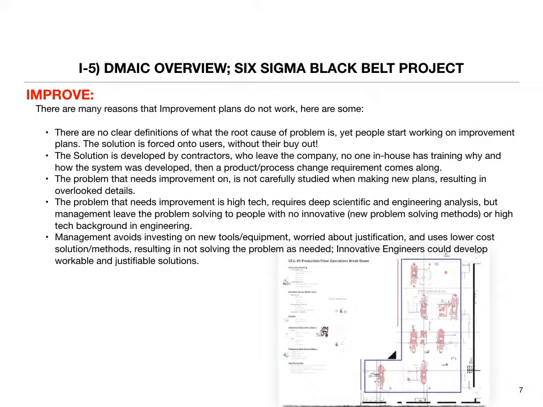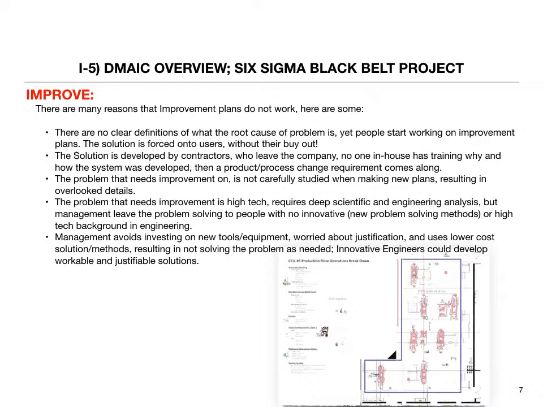Improve. There are many reasons that improvement plans do not work. Here are some. There are no clear definitions of what the root cause of the problem is, yet people start working on improvement plans. The solution is forced onto users without their buy-in. The solution is developed by contractors who leave the company and no one in-house has training on why and how the system was developed.